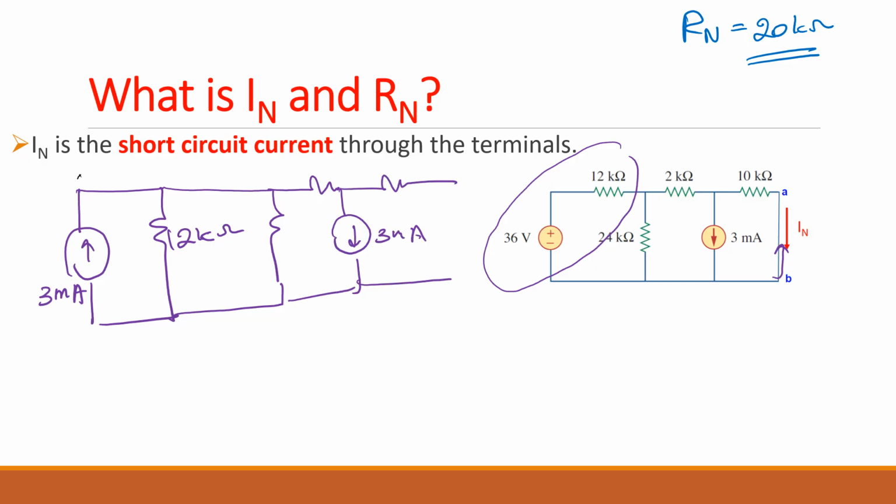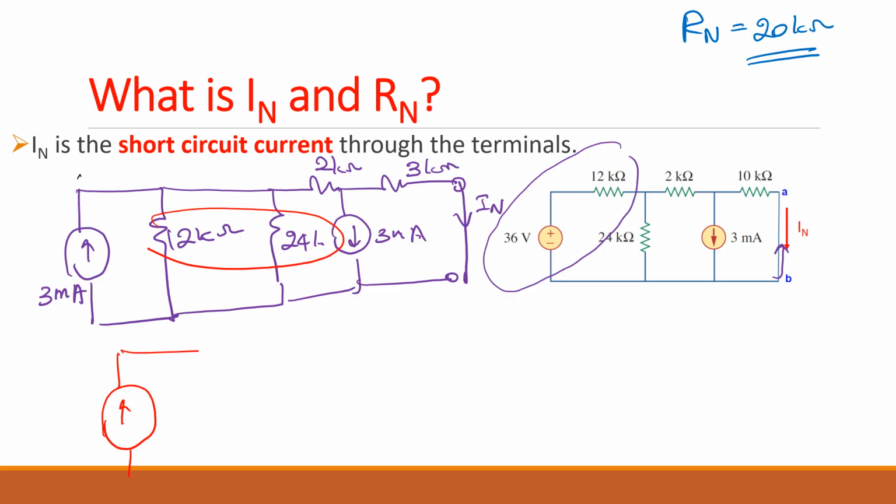Is that right? Now what can you say about this 24 and 12? They are parallel, so when you add them together, what will happen? 8. So you can redraw the circuit again. So you have 8 in parallel to this.